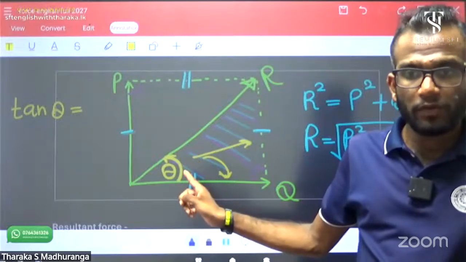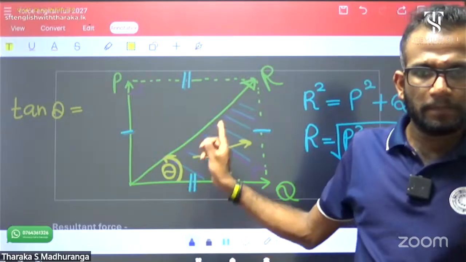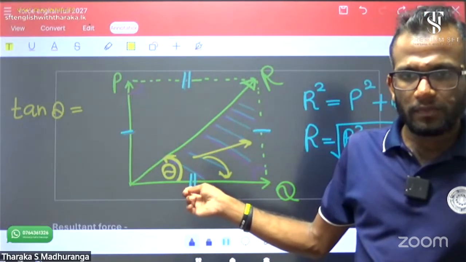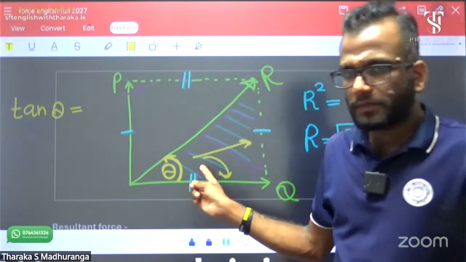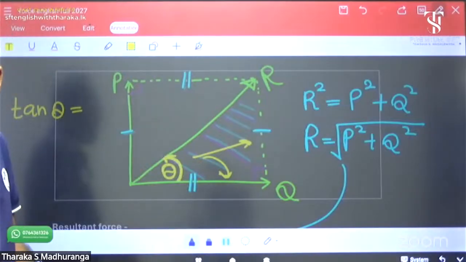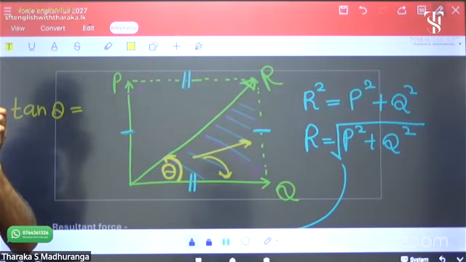You have to be careful to select P and Q for opposite.